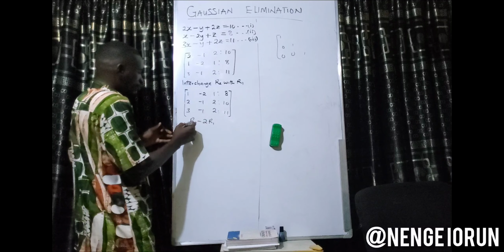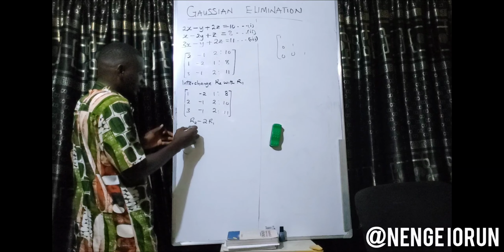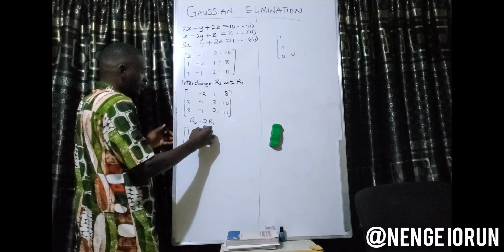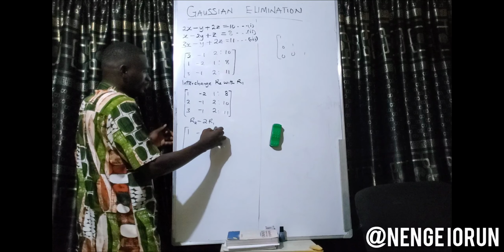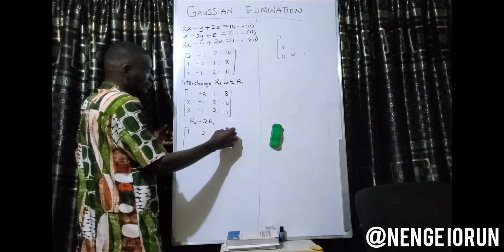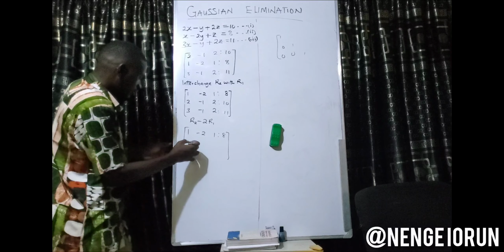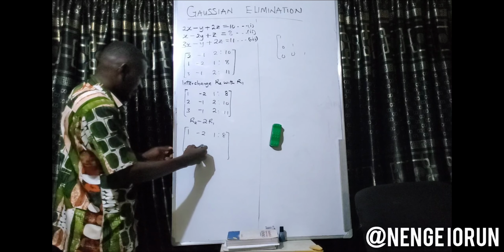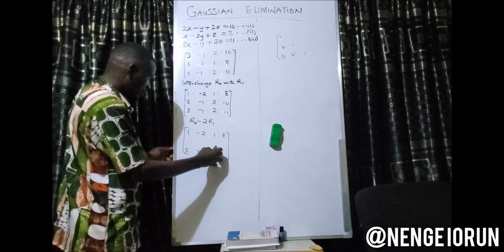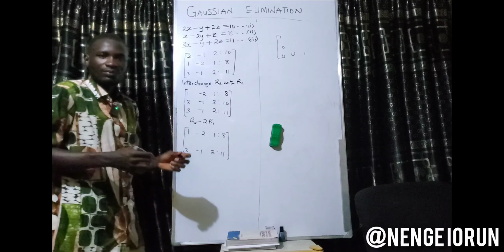Then row 1 will stand. You have row 1 as 1, -2, 1 | 8. Then row 3 will also stand as 3, -1, 2 | 11.